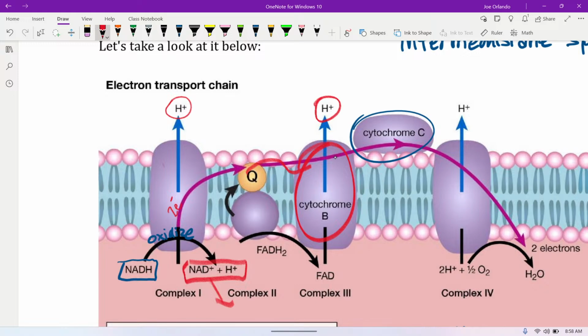And then those electrons get passed on to this, which is called the cytochrome C complex. It is not a pump, it's just a carrier. It actually lives on the intermembrane side, but it will carry those electrons onto complex 4, this final protein, and it also pumps an H plus up through the membrane.